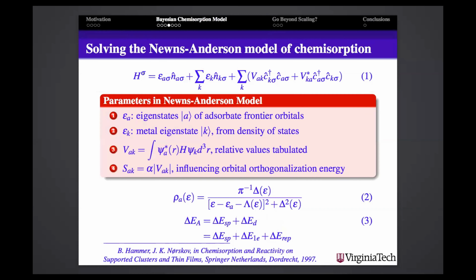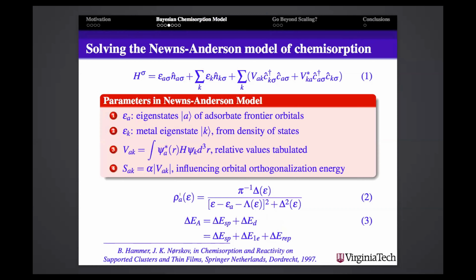Basically, the Hamiltonian on the top includes the one-electron energy contribution from the adsorbate, from the substrate, and the coupling between those two sets of states. If you know the parameters in the Hamiltonian, you can solve it within some wide-band approximation using the Green's function approach.